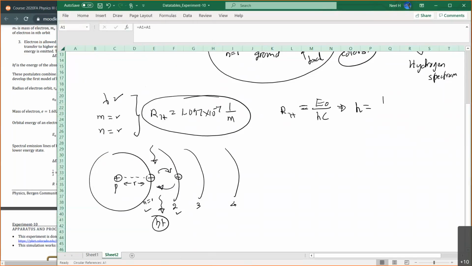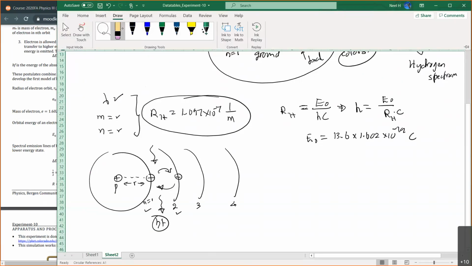The Planck constant is equal to E0 divided by RH, the Rydberg constant, times c. E0 for the hydrogen atom, we calculated last time, 13.6 electron volts. Electron volts, if I want to convert into joules, I can just multiply by the electron charge. Then I can convert into the proper SI units, that is joules, right?